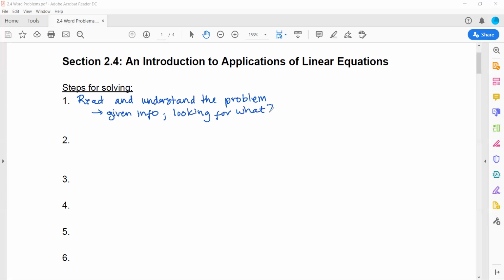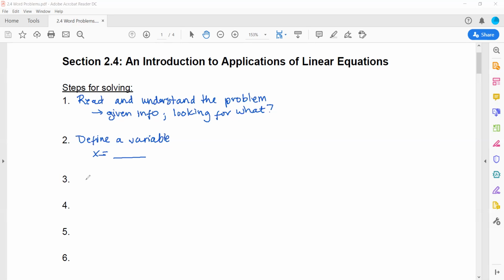And so figuring out what you're looking for is really important for this next step because we want to define a variable. And so what this means is we want to know what x or whatever variable you're using is going to represent. So we're going to have x equals some quantity or some unknown that we're looking for.